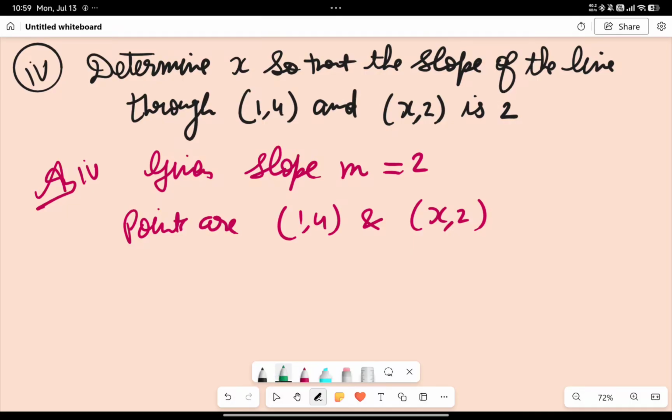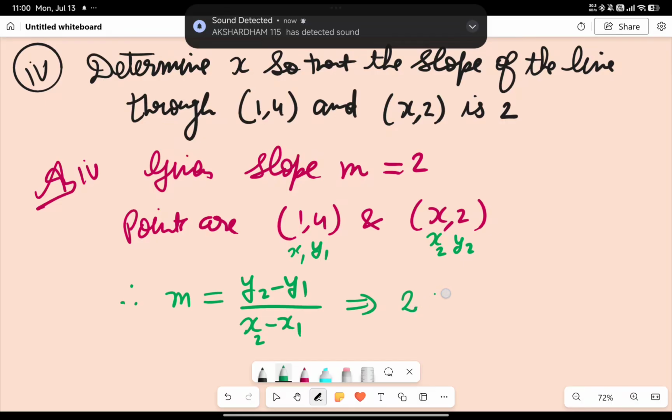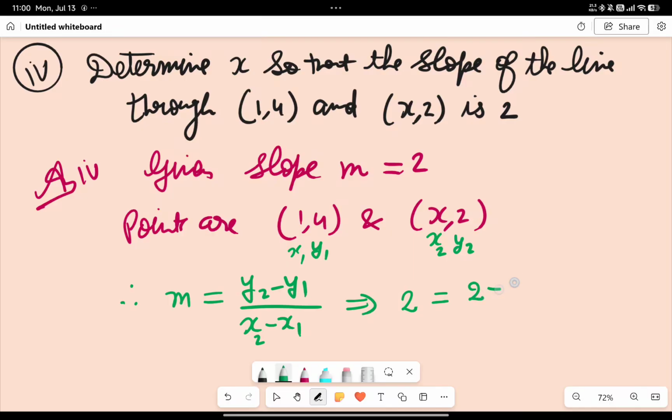It means that you must be aware of them. This is x1 y1 and this is x2 y2. Therefore m formula, that is y2 minus y1 over x2 minus x1. It implies that 2 is the slope. What is y2? Y2 is 2 minus, always use brackets. What is y1? This is 4 over x2.